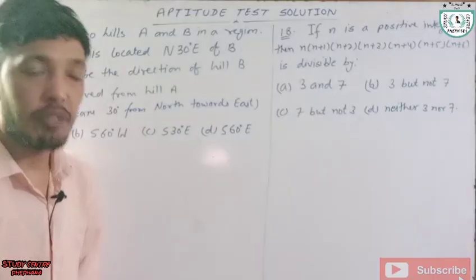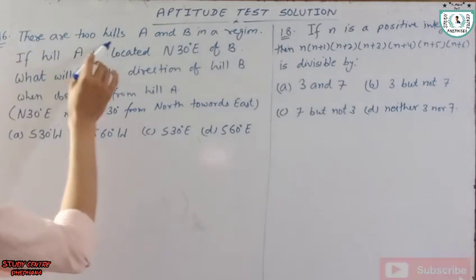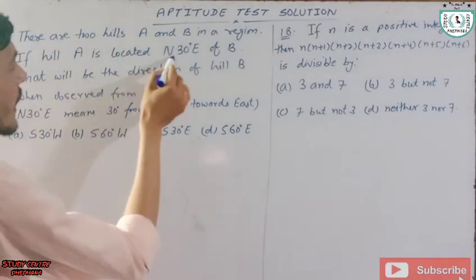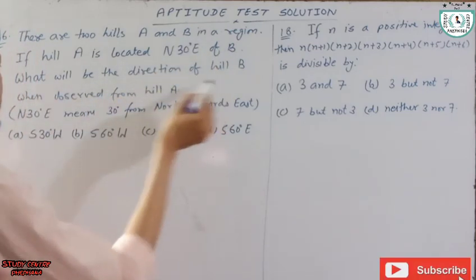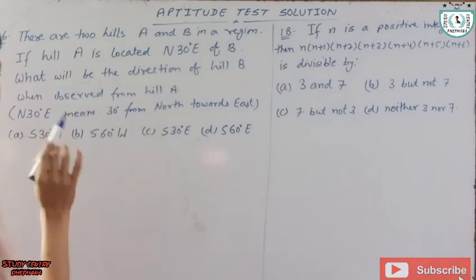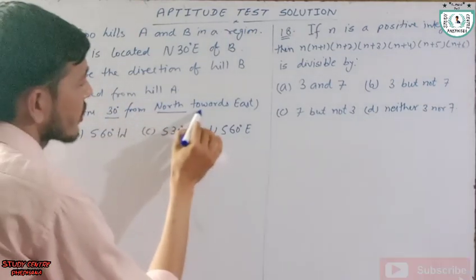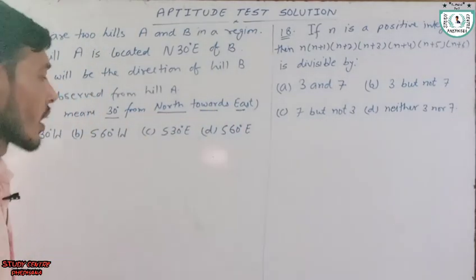Okay, we have the next question. There are two hills A and B in a region. If hill A is located 30 degree E of B, what will be the direction of hill B when observed from hill A? And 30 degree E means 30 degree from north towards east. Options are given.